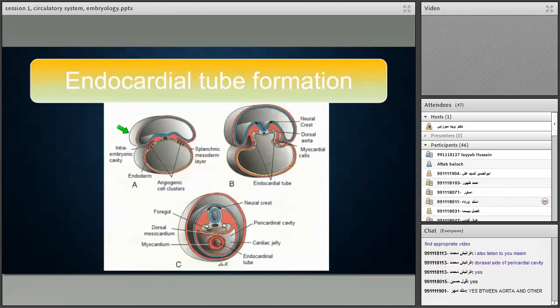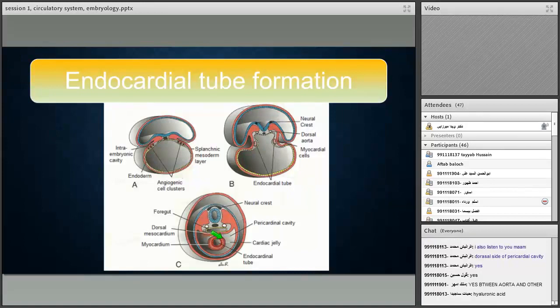The myocardium is secreting a hyaluronic acid layer, which is called the cardiac jelly. This jelly separates the myocardium from the endocardium.